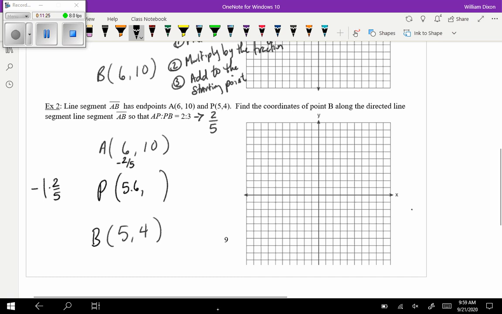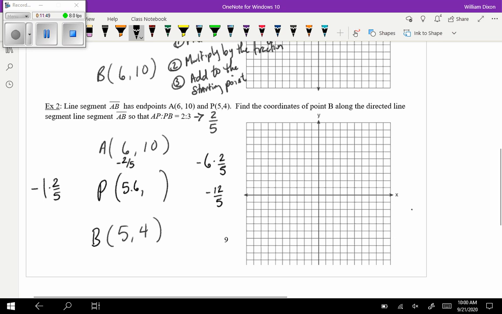Well, the total change from 10 to 4 is -6. All right, I don't want to know the total change. I want to know 2/5 of that. So I'm going to multiply by 2/5. -6 times 2/5 is -12/5.